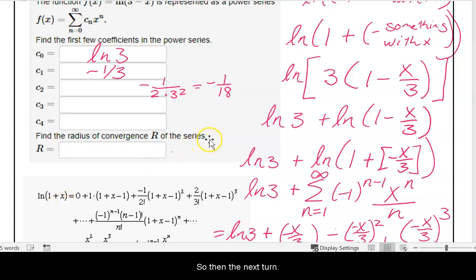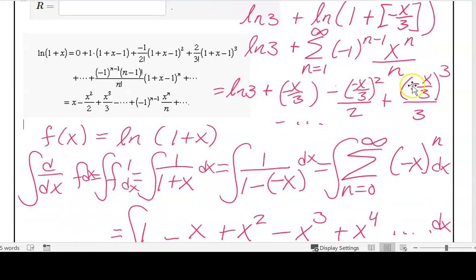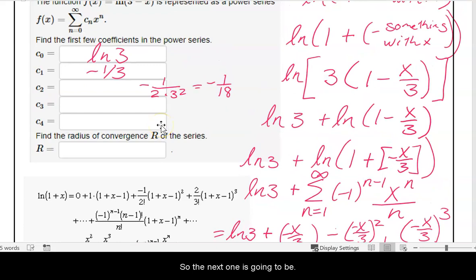So then the next term, I would have a negative raised to an odd number, so it's going to be negative 3 to the third times 1 over 3. So the next one is going to be a negative 1 over 3 times 3 to the third, which would be 3 to the fourth, which would give me negative 1 over 81.